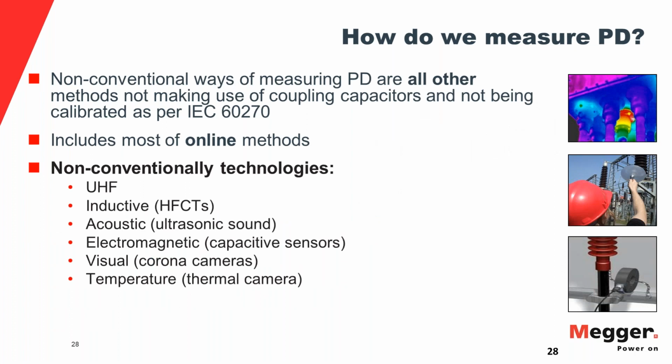The opposite is anything that is not conventional, which is non-conventional testing: anything that has to do with transient earth voltages, high frequency CTs, ultrasonic sound, capacitive sensors, corona cameras, temperature related issues with thermal cameras. All of that is non-conventional, and most online methods are by definition also non-conventional because they are monitoring methods.